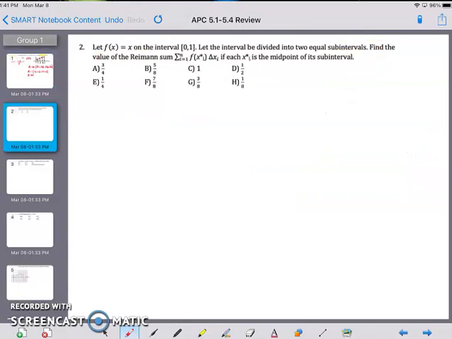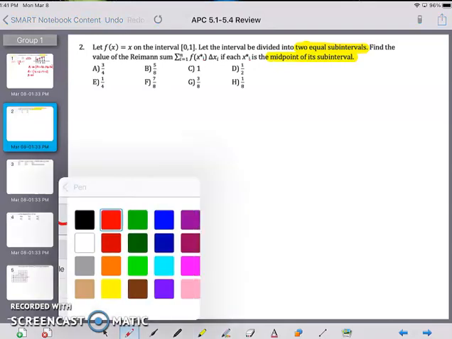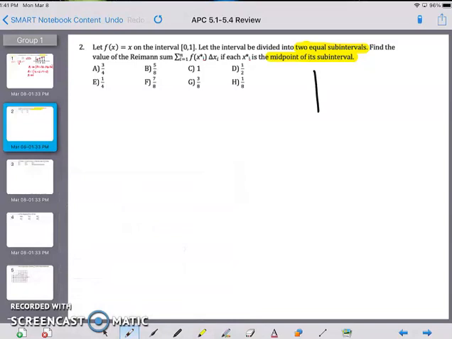In problem number 2, let f of x be x on the interval from 0 to 1. Let the interval be divided into 2 equal subintervals. Find the value of the Riemann sum if each x value is the midpoint of its subinterval. So again, just sketching a little picture here.